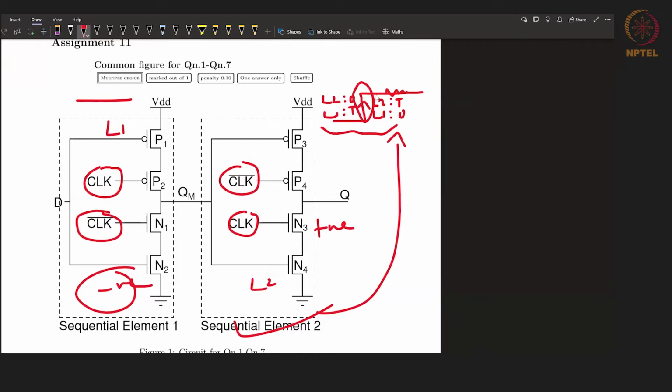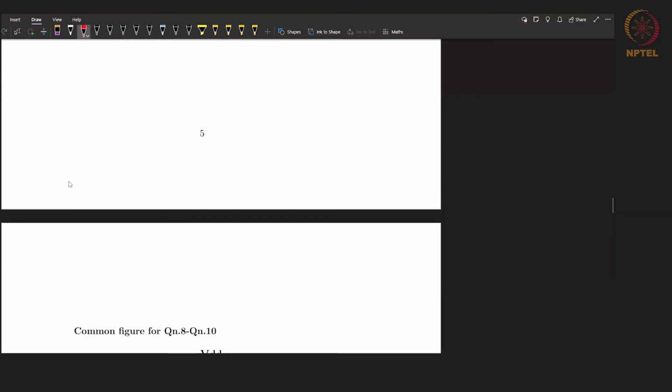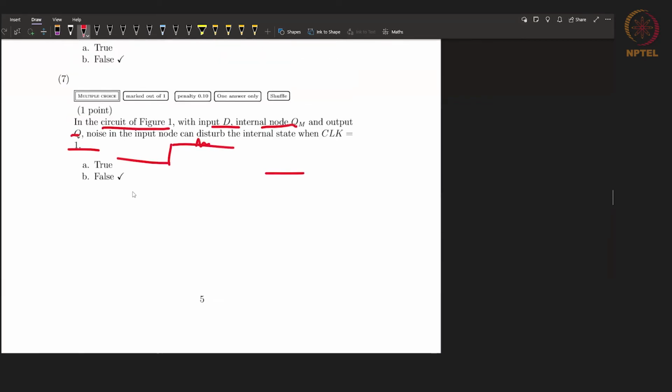So when the clock is 1, whatever happens at T, the latch L1 is opaque. None of that can even pass through and reach QM, let alone Q. Therefore, the answer to this question is false.